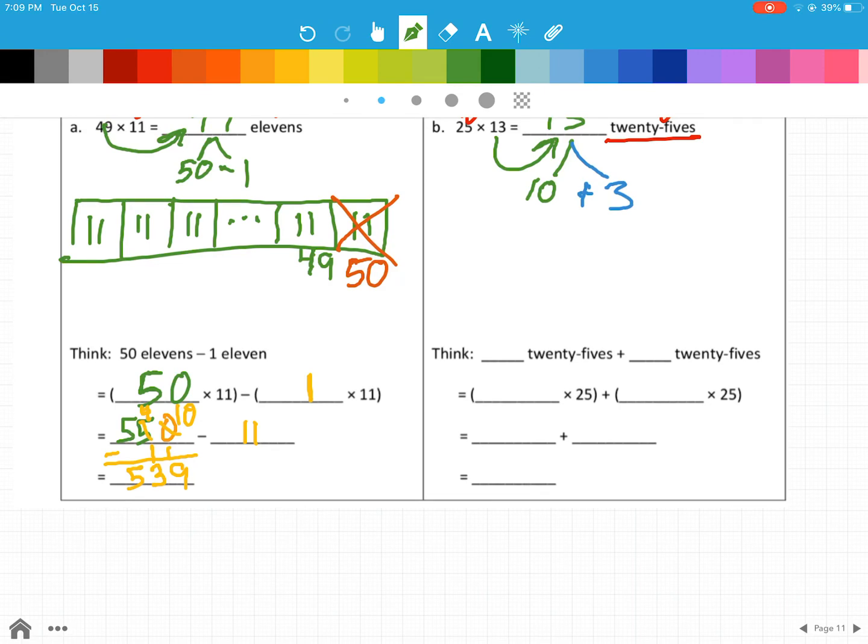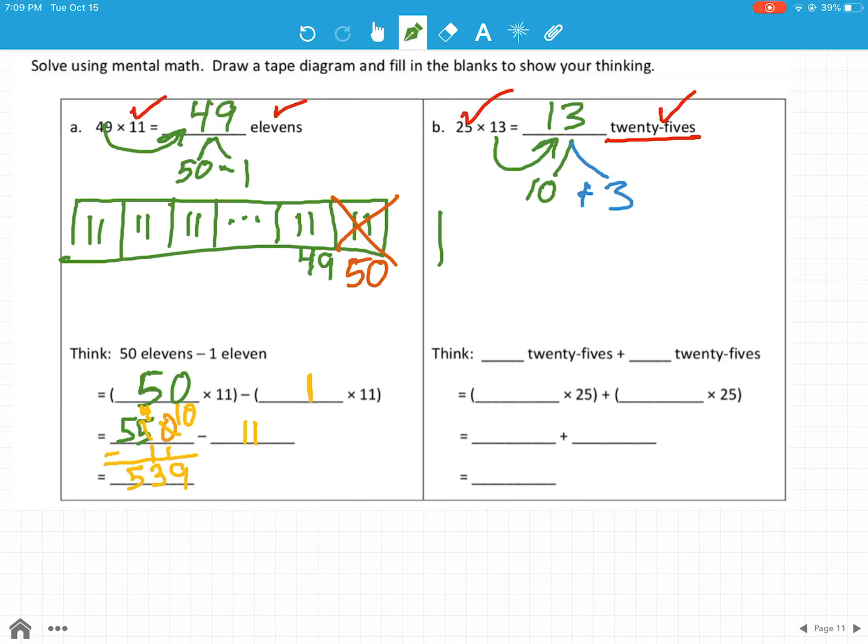Okay? Alright, so what we're going to do is draw the tape diagram with 10 25s. So we have 25, 25.